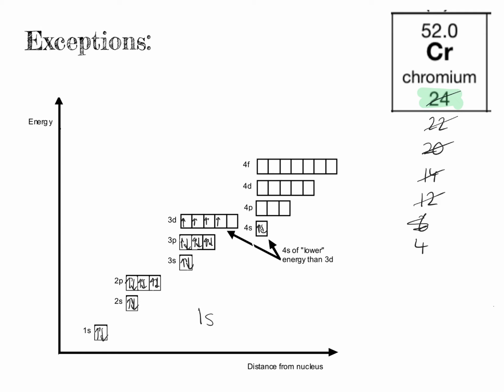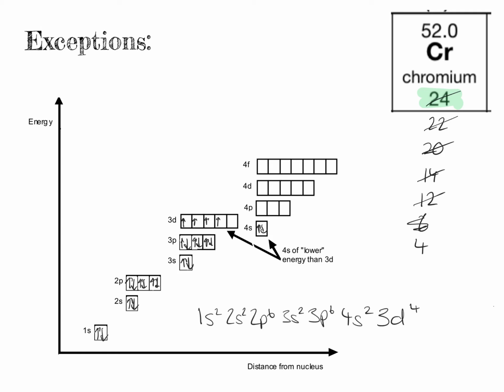It would be 1s2, 2s2, 2p6, 3s2, 3p6, 4s2, 3d4. Okay. Now, remember what I said before, that half-filled sublevels or fully complete sublevels are slightly more stable, and here we've got 4 out of 5 if we wanted to half-fill the 3d sublevel.